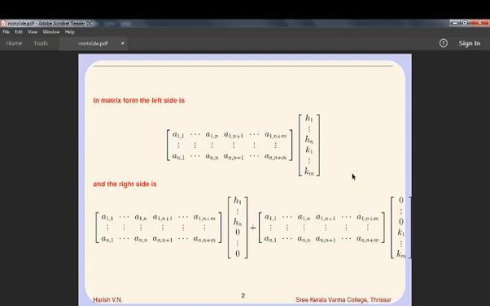So you have n plus m unknowns. These are the unknowns. How many equations you have? n equations you have. And you want to solve for h1 etc. hn in terms of k1 etc. km. That is precisely what you are doing. So this is essentially solving a system of linear equations.